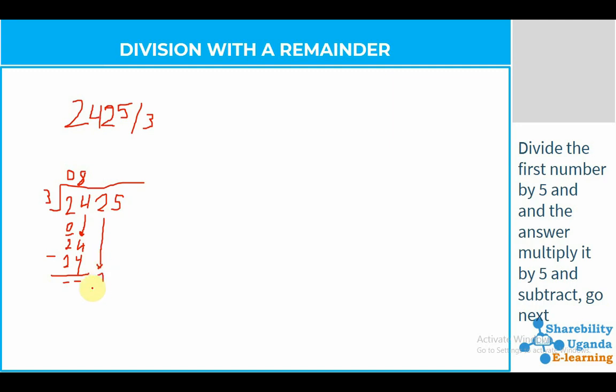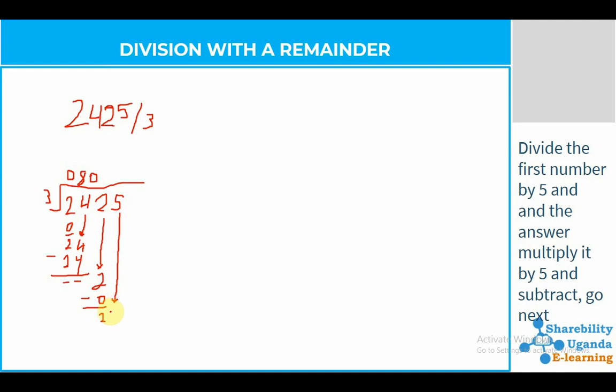So we say 2 divided by 3, which is also this. Then we say this times this, we get a 0. So we subtract and we remain with the 2 again, and we bring the 5, which is remaining, up to that side.